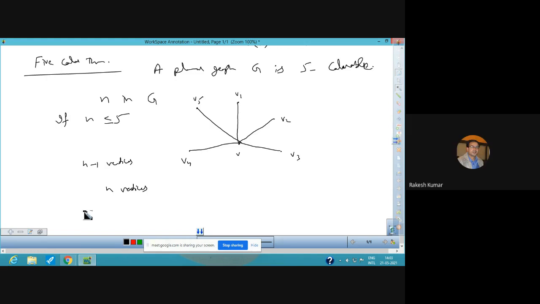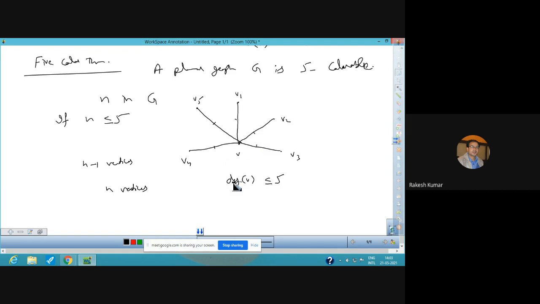Since G is a planar graph and it is connected, it must have a vertex V, this one V, such that degree of V is less than or equal to 5. Now, इस vertex की जो degree है, that is less than or equal to 5. 1, 2, 3, 4, 5. 5 edges are joined with this vertex.